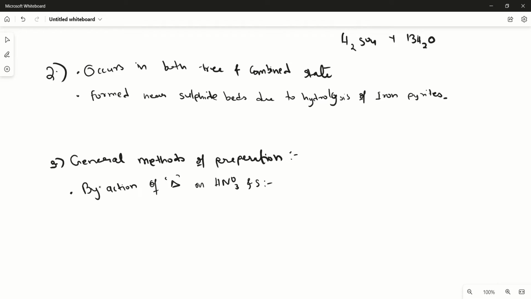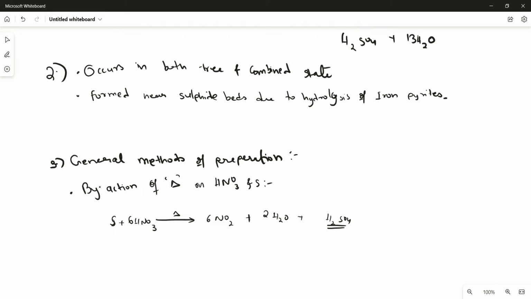So it'll be sulfur plus 6HNO3 on heat gives 6NO2 plus 2H2O plus H2SO4.